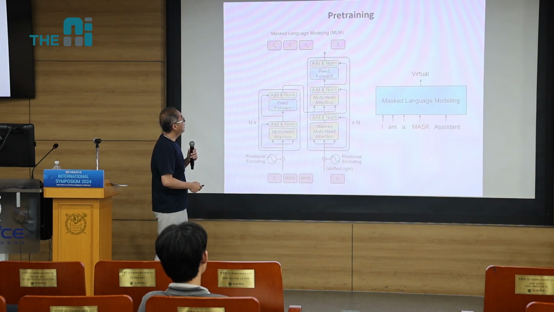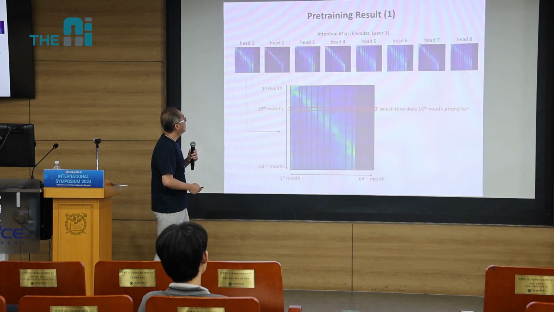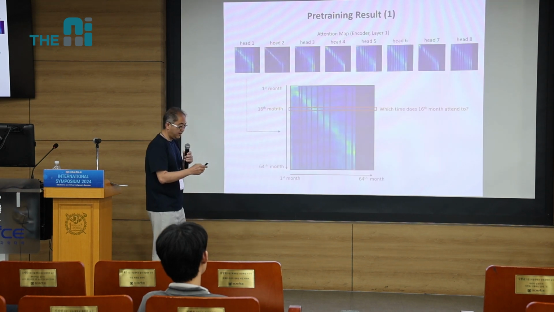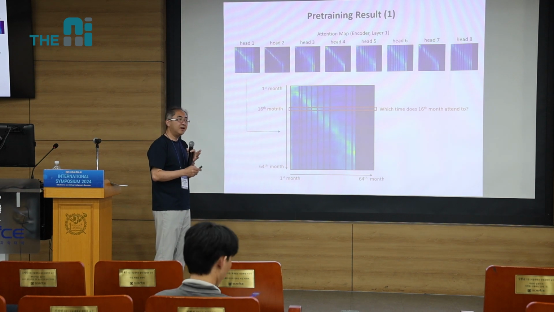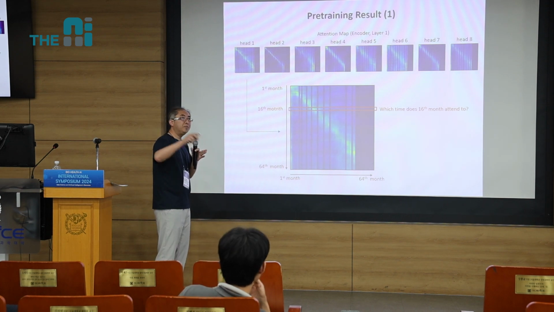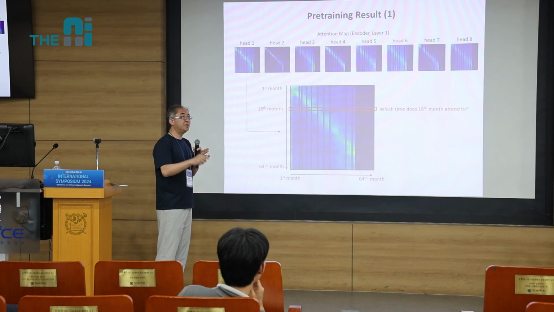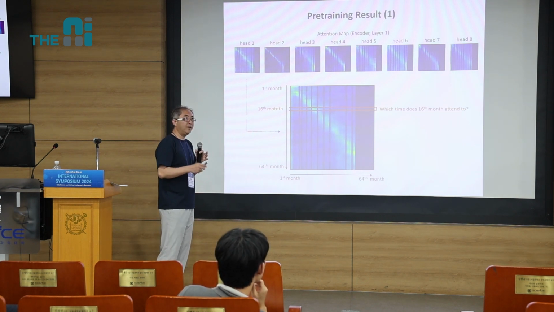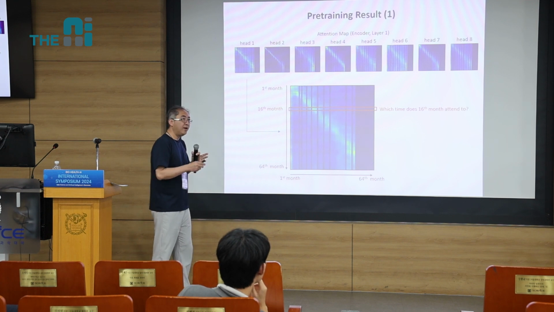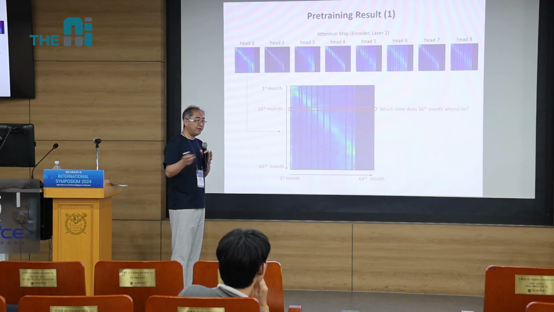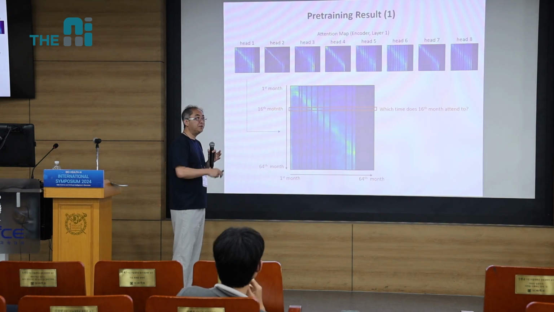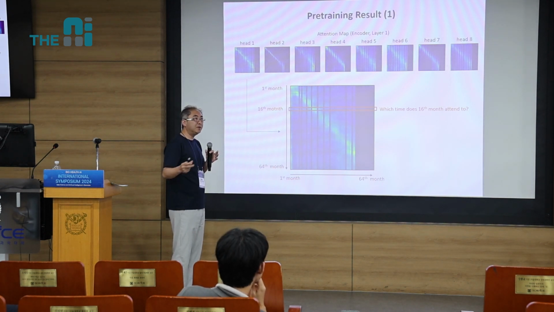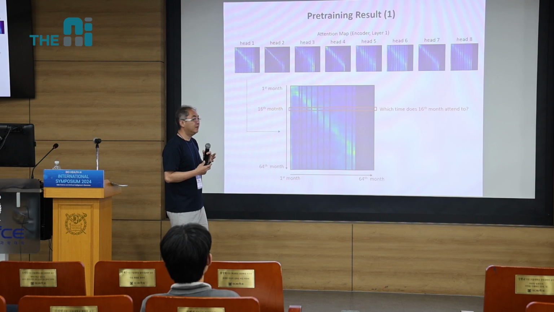So this is pre-training, and if you look at the attention map, it indicates that the neighboring time point information will mostly contribute to explaining the time point of interest. So if I'm standing here and look at the different time point information, this neighboring information will be more important to predict the measurement level at this time point.